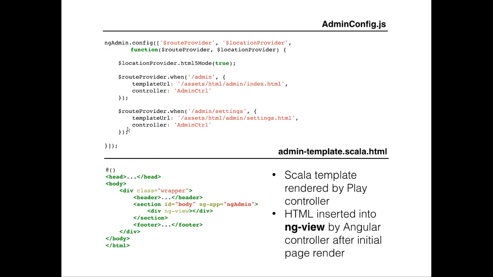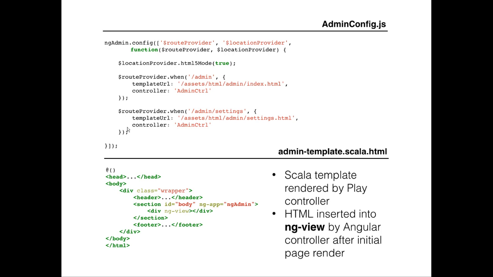So really what that ng-view is doing is it's acting as a placeholder for whatever is in either index.html or settings.html, depending on what URI is being navigated to at the time. So the key thing to keep in mind is that all of your routing is going to be in these smaller child HTML views.